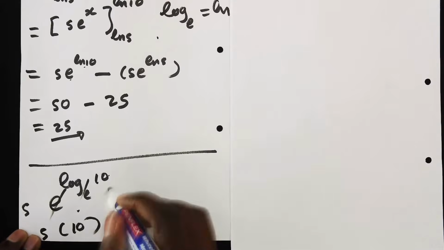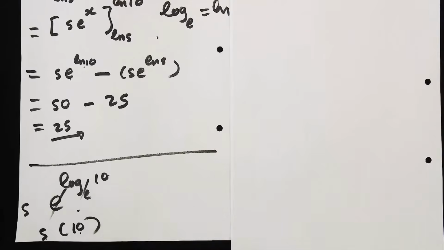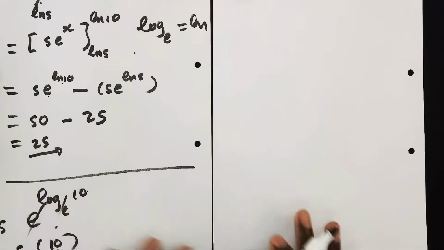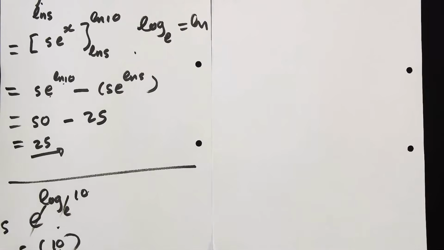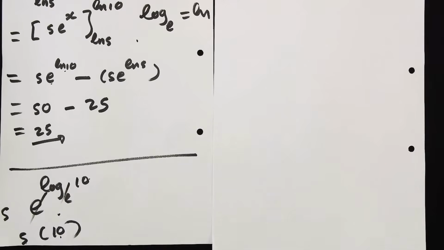So you drop down what is inside the log. So we got the 50. I thought you were asking relating to the calculator, I thought maybe it's 500. Thank you for that question because some maybe didn't understand, so we had to re-explain.